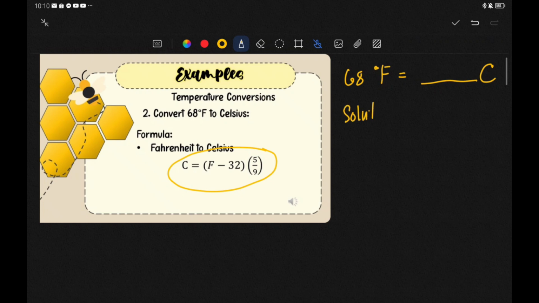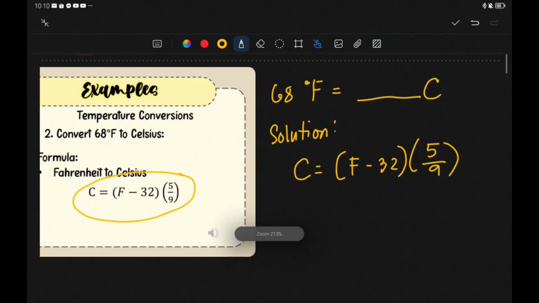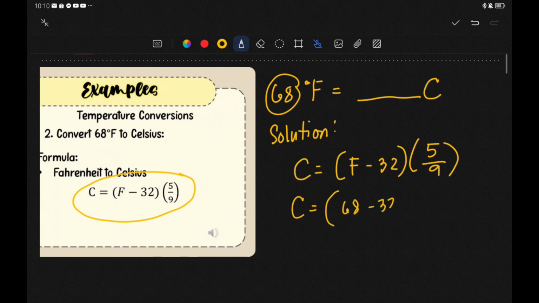Our solution would be C is equal to F minus 32 times 5 over 9. Our F here is 68. So this is 68 minus 32 times 5 over 9.